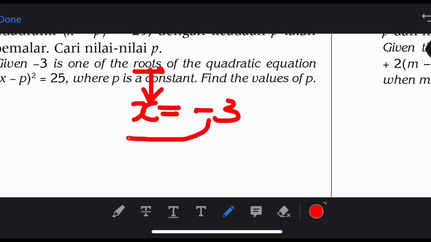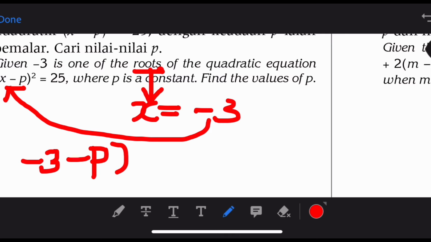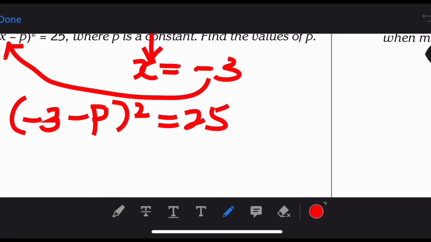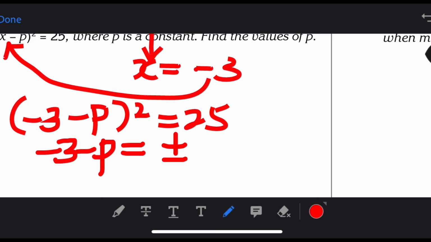So since it is a root, all the roots can be substituted into the equation. Alright? So I'm going to substitute negative 3 and then minus p and then square, and then I will solve. You can either expand, but since it is a perfect square, I would like to square root 25.